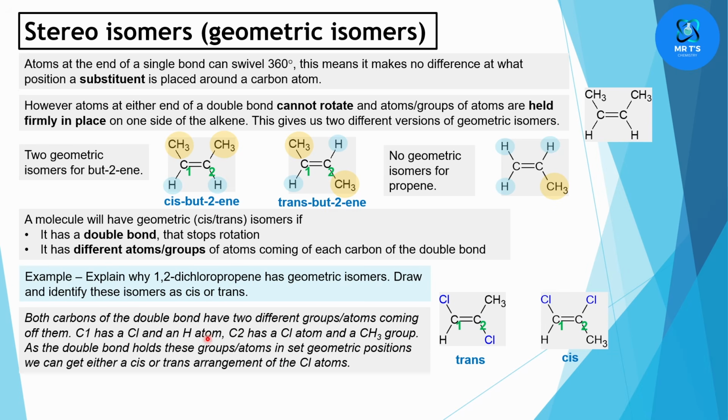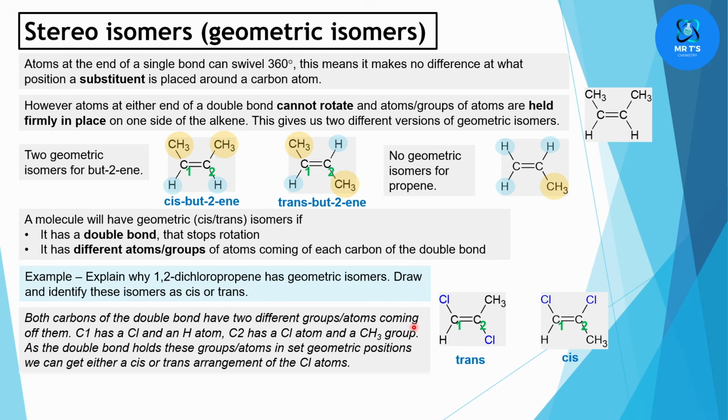Well, both carbons of the double bond here have two different groups or atoms coming off them. Carbon 1 has a hydrogen and a Cl coming off it, and carbon 2 has a CH3 and a chlorine coming off it. As the double bond holds these groups in a set position, we can either get a cis or a trans arrangement as shown.